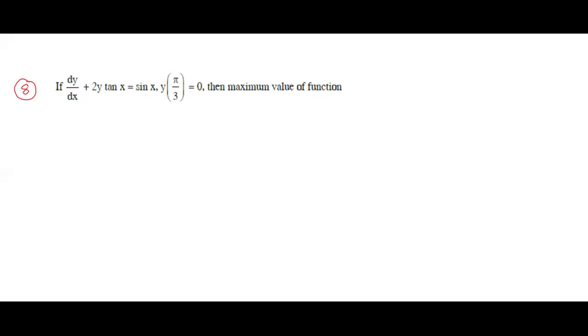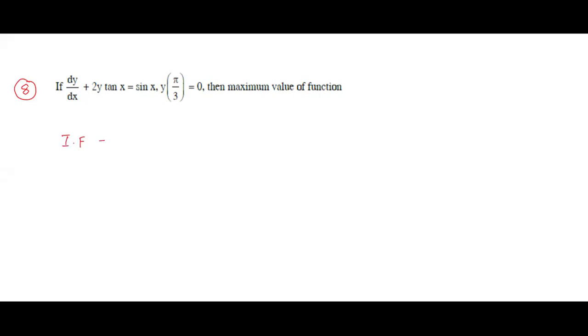If dy by dx plus 2y tan x is equal to sin x, y of pi by 3 is equal to 0, then the maximum value of the function. This is a linear equation. Okay, first find the integrating factor.